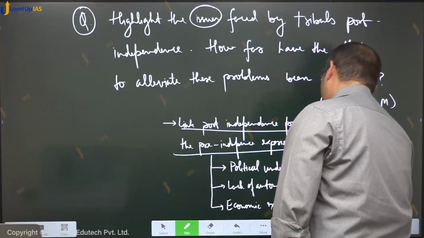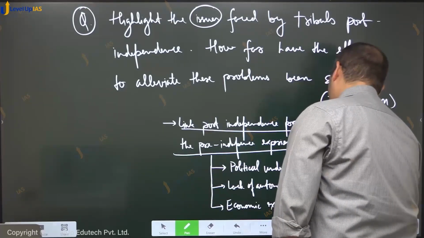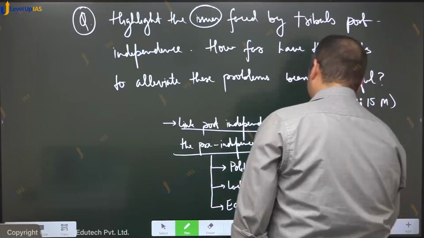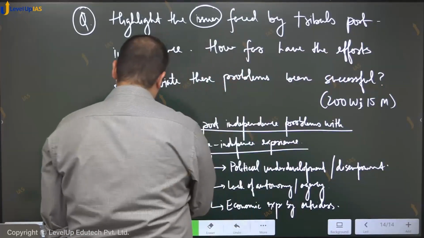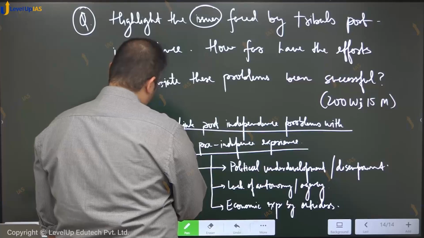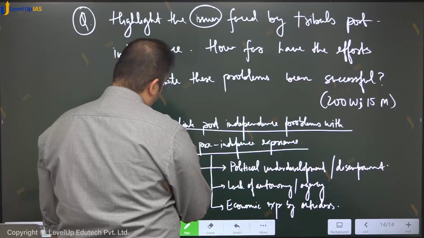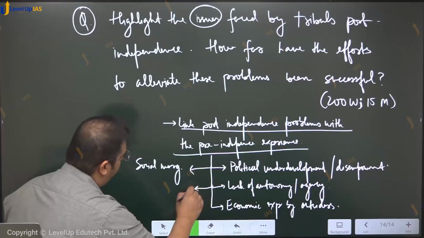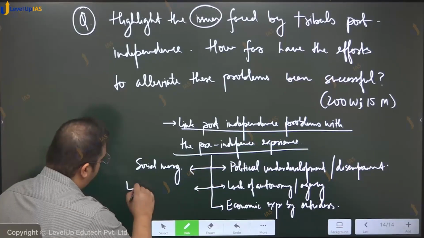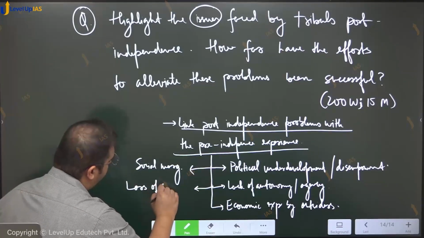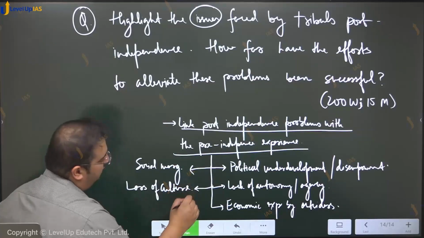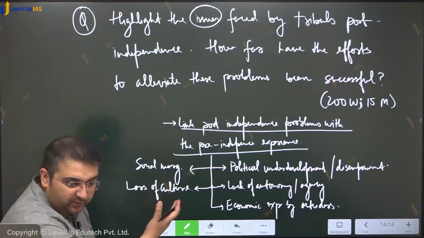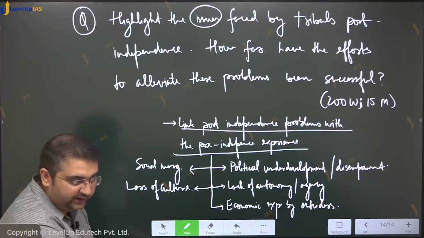Economic exploitation by outsiders, their social marginalization and their loss of culture. ठीक है, यही प्रॉब्लम्स पहले भी थी, यही प्रॉब्लम्स बाद में भी परसिस्ट हुई.